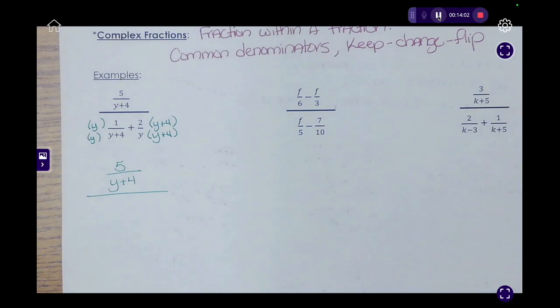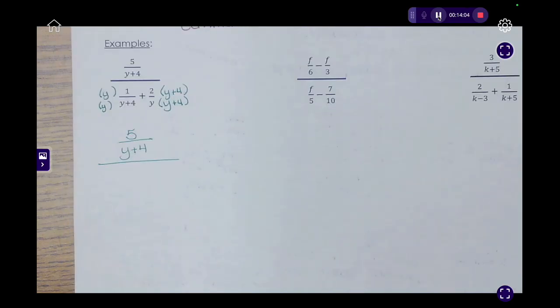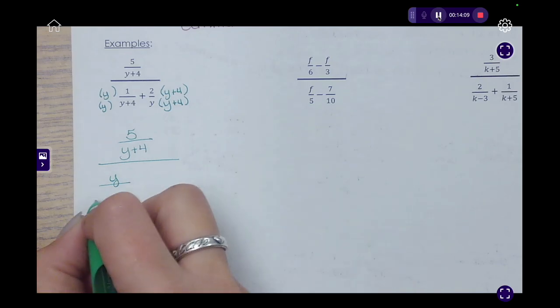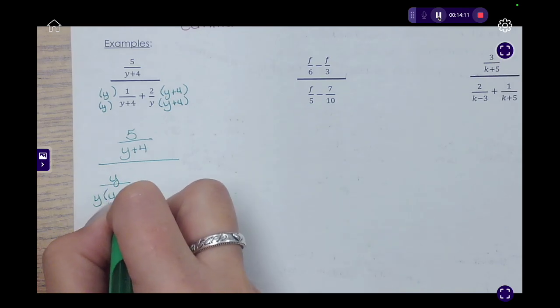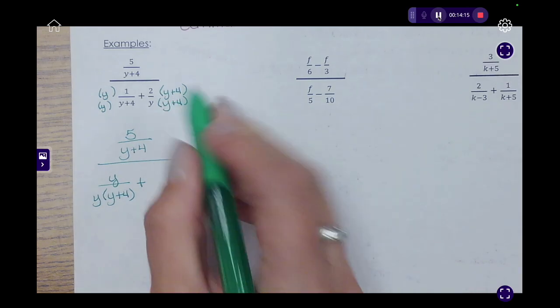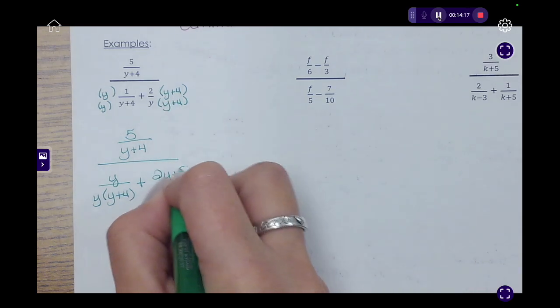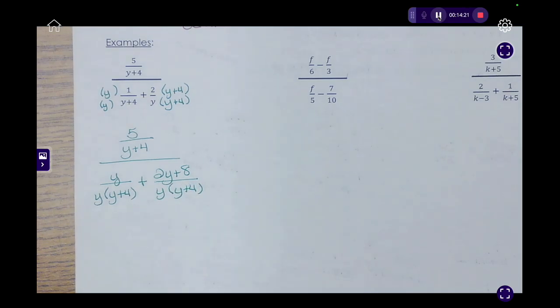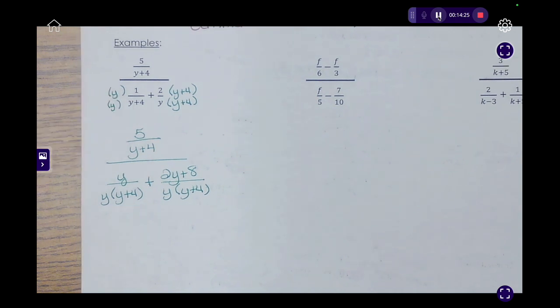So I'm multiplying them times each other to get that common denominator. So this turns into the 1y over y times y plus 4. And then plus, when I multiply this out, that's going to give me the 2y plus 8 over y times y plus 4.